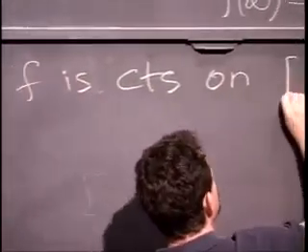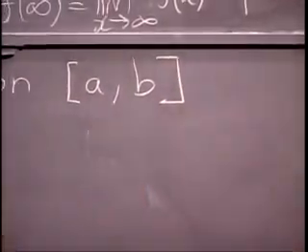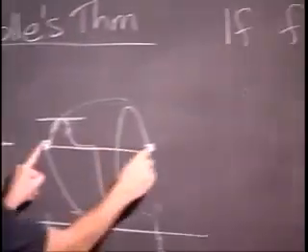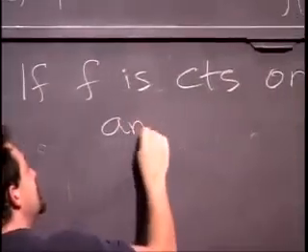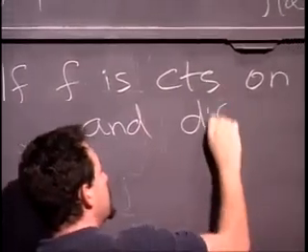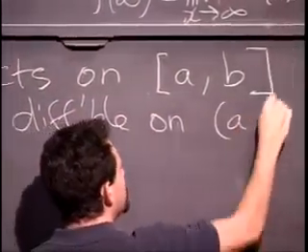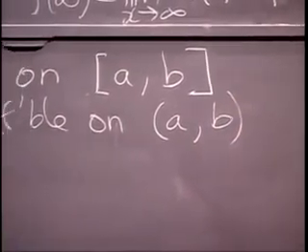on a closed interval [a, b], and it's important that it be closed, meaning, of course, it includes a and b. Like this. It's continuous from the right here and from the left here and everywhere in between. And it's important that it is differentiable on the open interval (a, b). It doesn't really matter what happens at the endpoints for this particular thing.